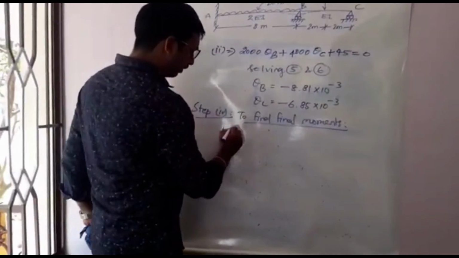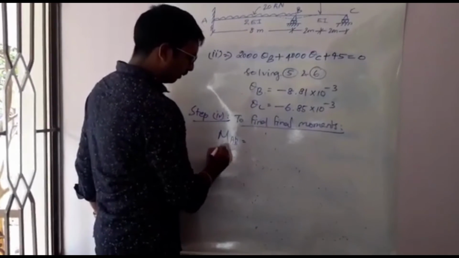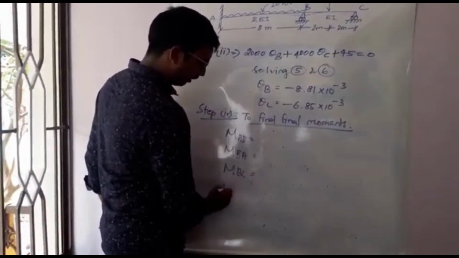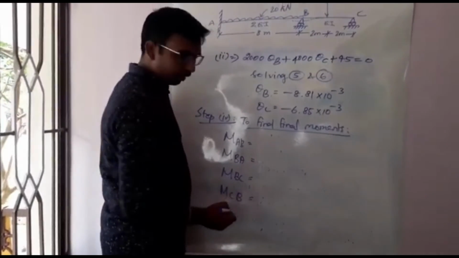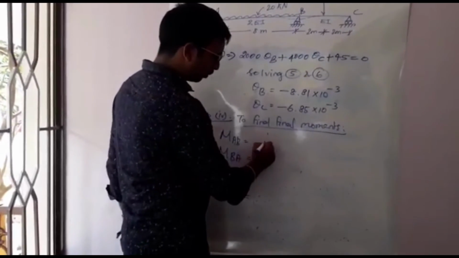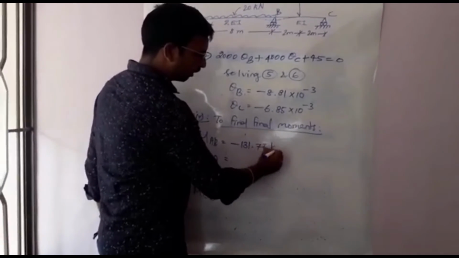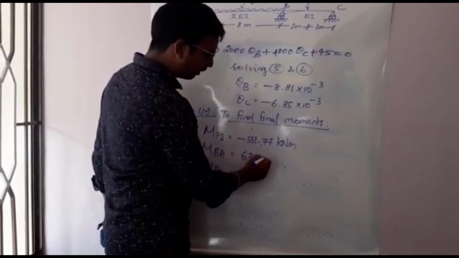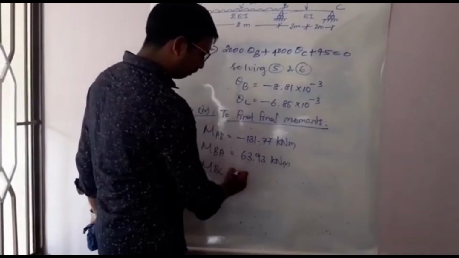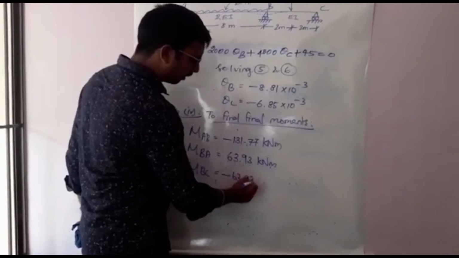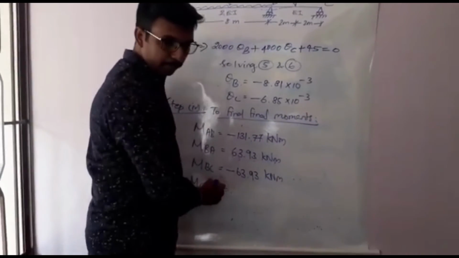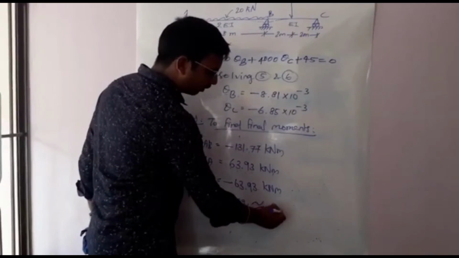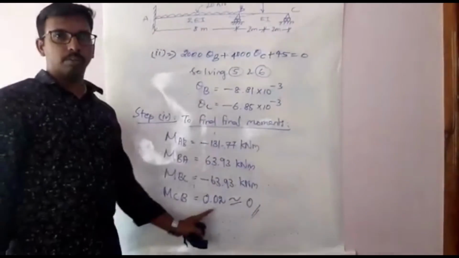You will get the MAB, MBA, MBC and MCB values. MAB is minus 131.77 kilonewton meter, MBA is 63.93 kilonewton meter, MBC is minus 63.93 kilonewton meter, and MCB you will get 0.02, which is approximately equal to 0.